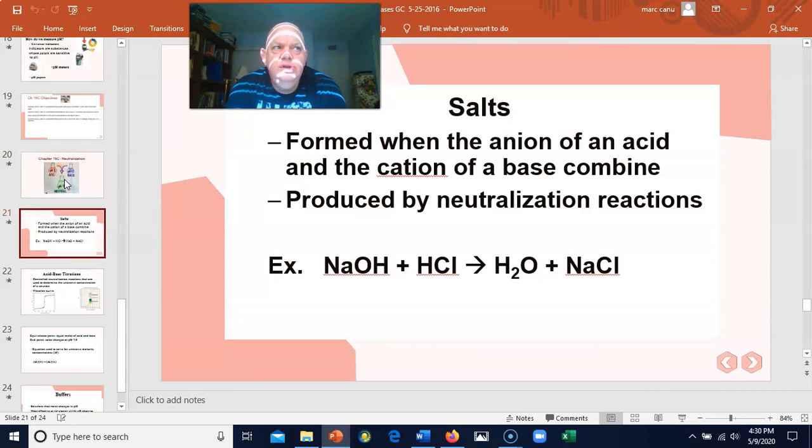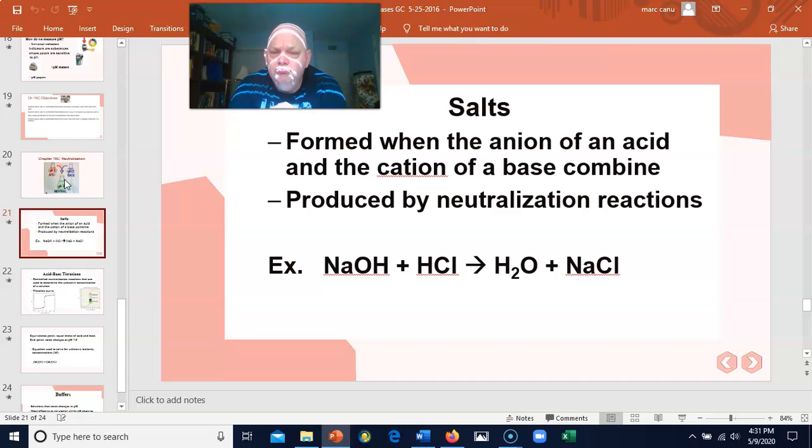Salts. This is where I've got to clear something up with you guys. In the world of chemistry, salts is a very big, wide term. It's what I call an umbrella word. Kind of like cars. When we say cars, what do I mean? Well, like God's own Ford 67 Mustang, for example.